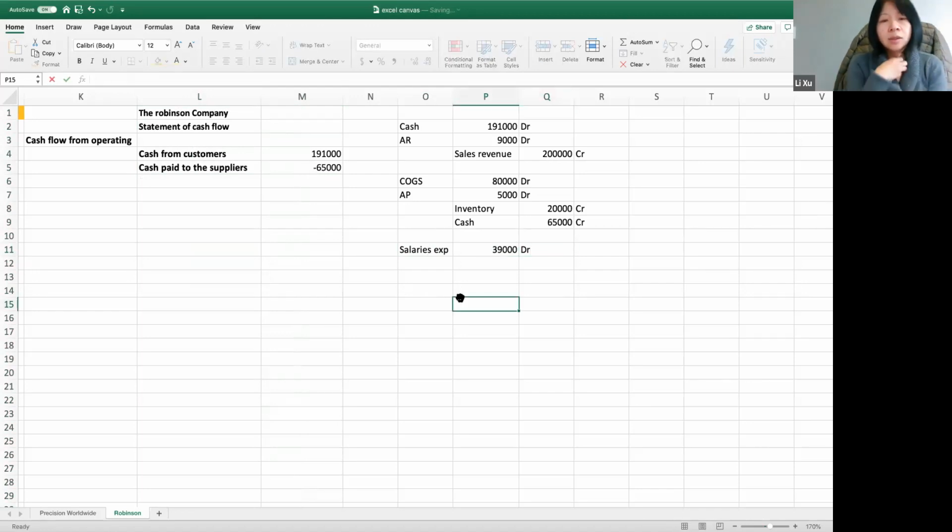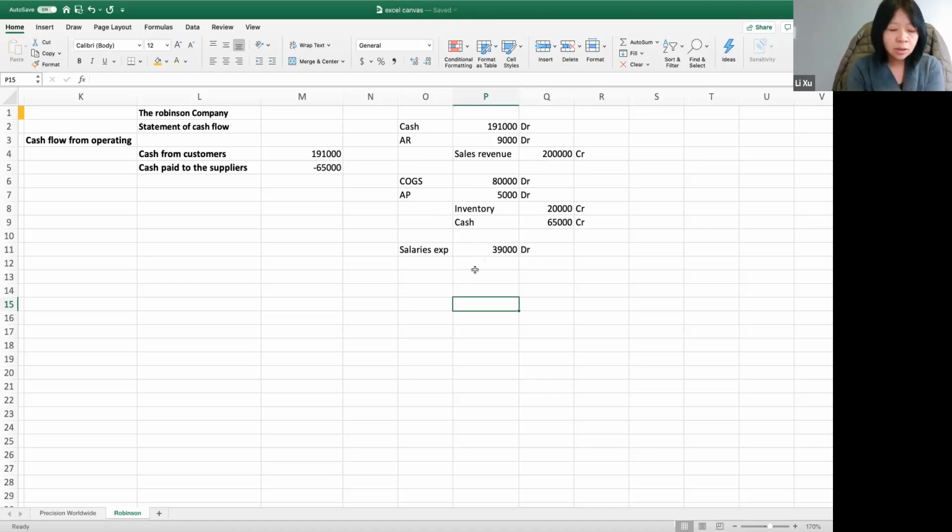Okay. So what's the credit here? Think about all the related accounts. If you have accounts payable related to expenses, you can use it here. But if you don't have, and all the accounts payable have been used up in the first journal entries, then you don't have any other related account. The only related account you can have is cash, right? If you don't have any accounts payable, it has to be cash.